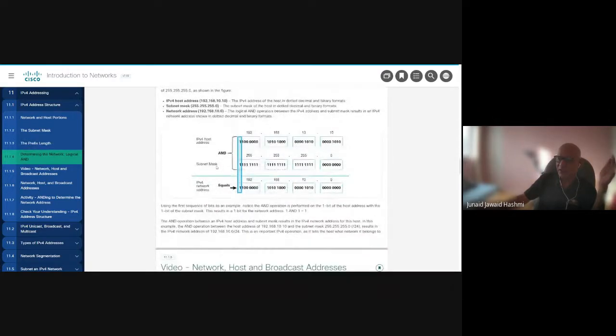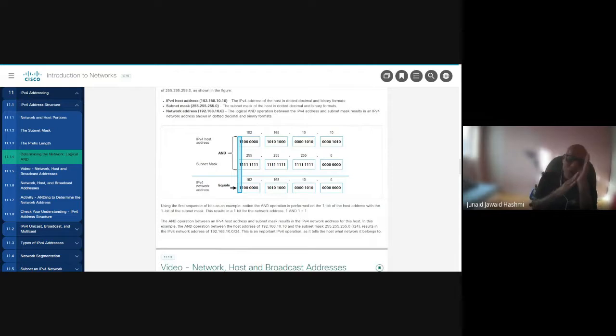Okay, the logical ANDing. As humans, we can look at the subnet mask and just tell that this IP address belongs to either the same network, or a distant network, or a remote network.